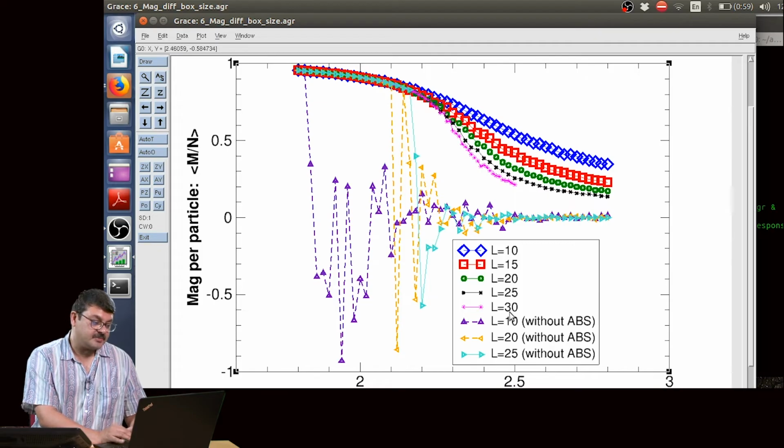But the point is, for a smaller box size, you see that this transition is smeared over a larger temperature range. It keeps on fluctuating here, and only here does it seem to settle down. This is L equal to 10, whereas for L equal to 20, it fluctuates wildly near the critical temperature.